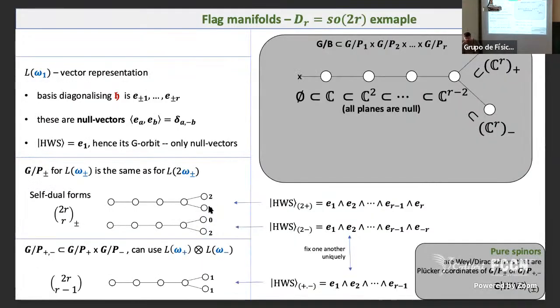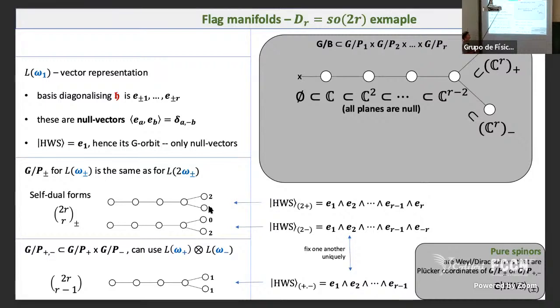And I will say just a few words about the D series. For the D series, the first node is the vector representation, and what changes is that E1 is still the highest weight, but now the basis vectors are E plus-minus 1, E plus-minus 2, and so on.